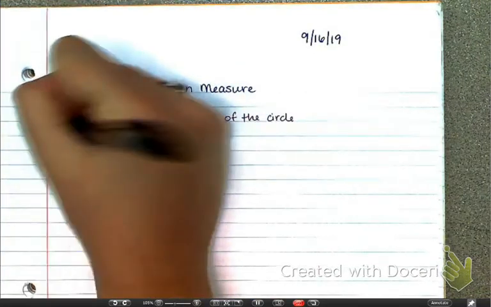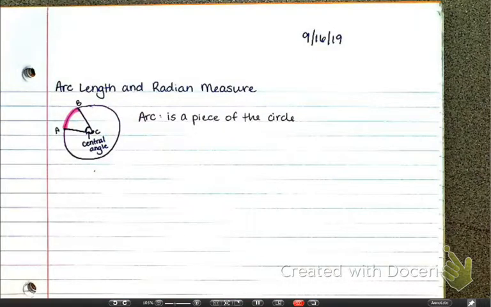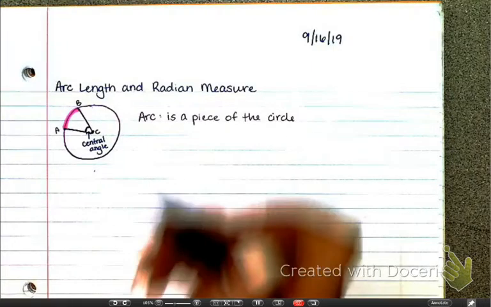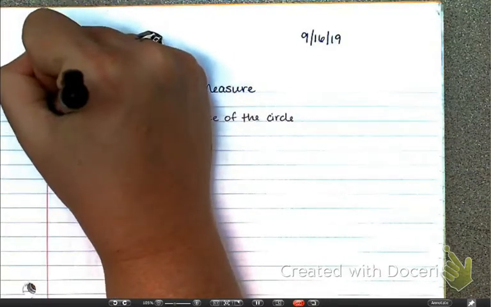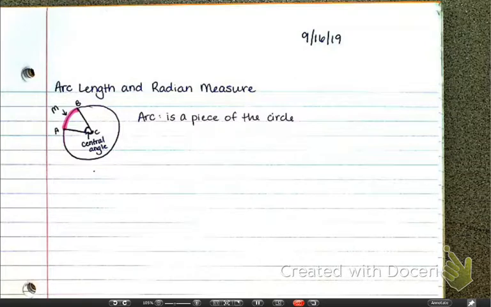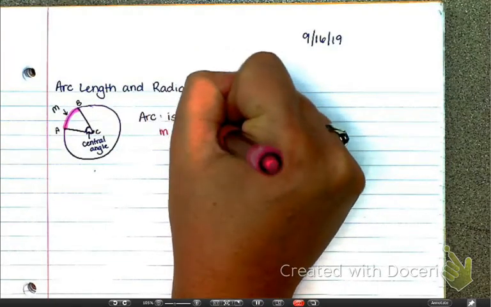And I'm going to label each of these points so I have something to reference. I'm going to call them A, B, and C. The arc that we're going to be measuring, we're going to call M. And M is equal to the central angle, which is going to be important for us.